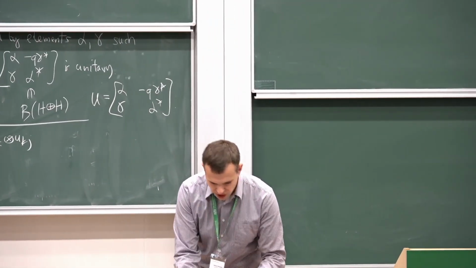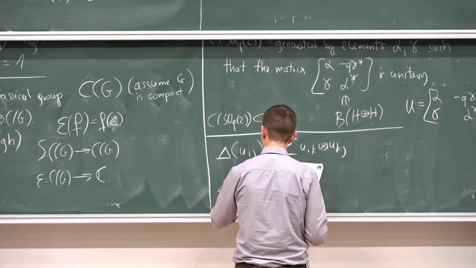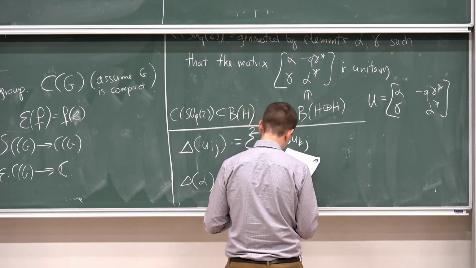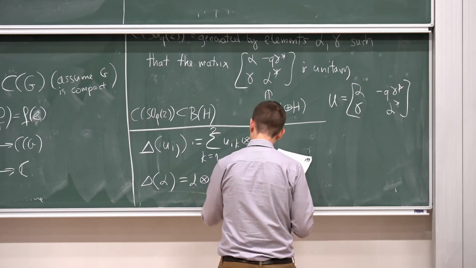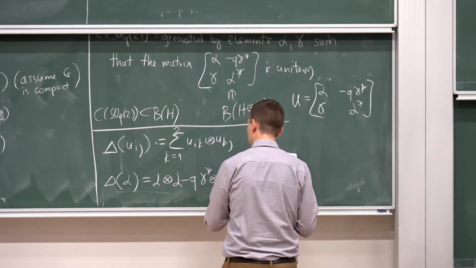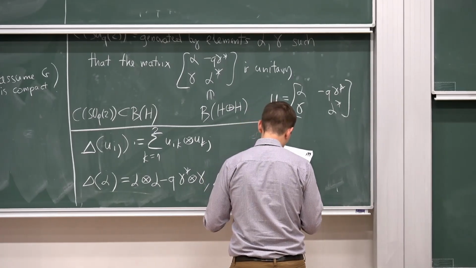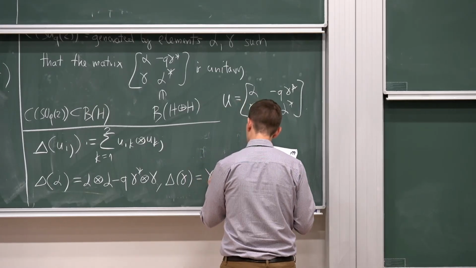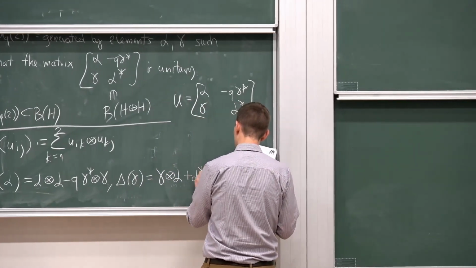So to make it precise, we have two generators, alpha and gamma. The value at alpha will be equal to alpha tensor alpha minus q gamma star tensor gamma, and delta of gamma will be gamma tensor alpha plus alpha star tensor gamma.